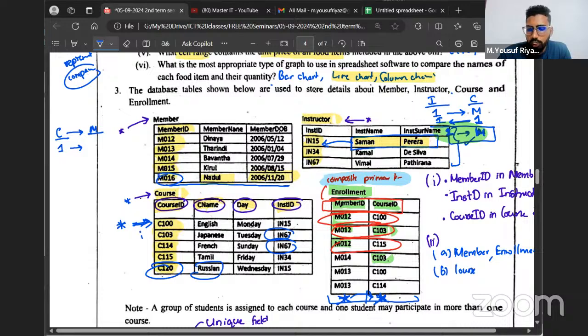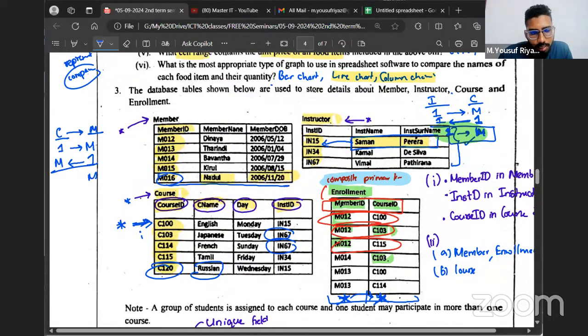Take a specific course, can only one person enroll to that course or many people? Exactly, many people can enroll for that course. If you take one student, can one member enroll only for one course or many courses? Exactly, one member can enroll for many courses.